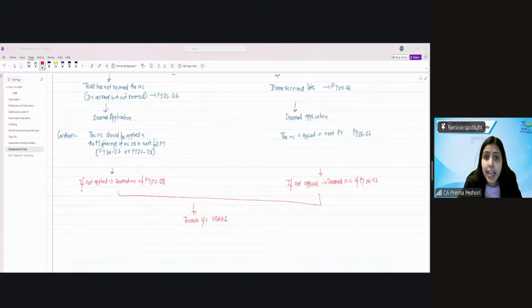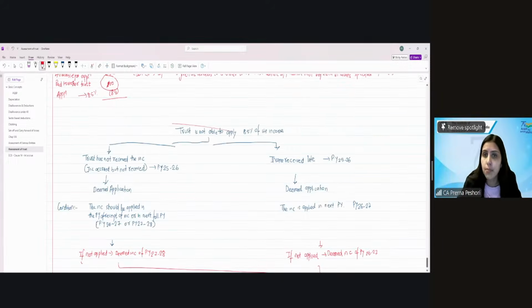So this is an option available to the trust. It is not mandatory for the trust; it will be considered as deemed application only if the option is exercised. So this option is given to the trust. And how can it exercise the option?